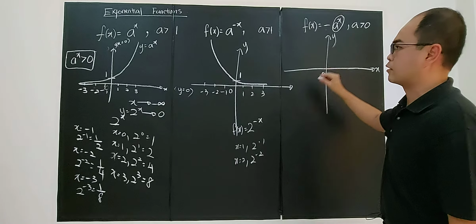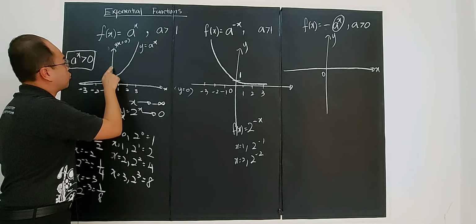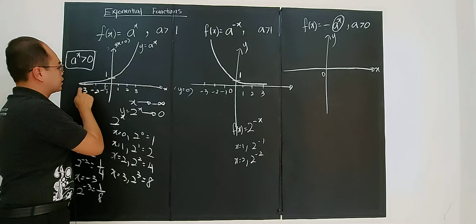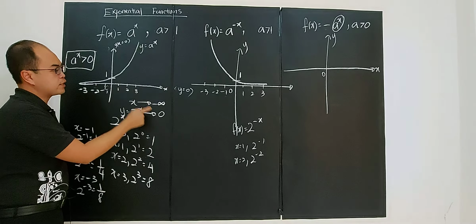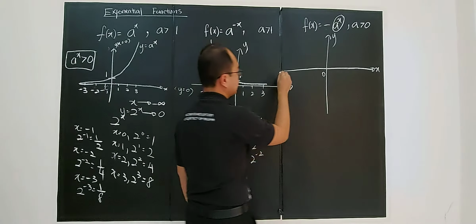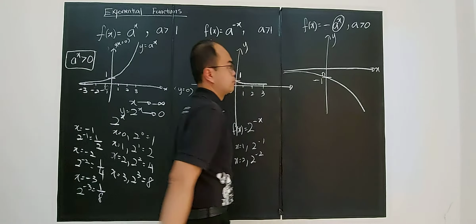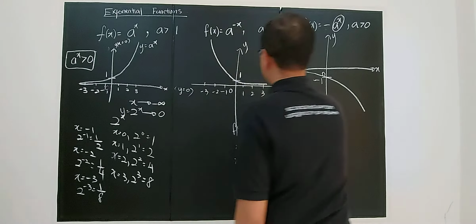You see all the values of y here are positive because they're always positive. So once you put a negative, the graph will be reflected about the x-axis. It turns to be always negative and intersects negative 1 here, right?